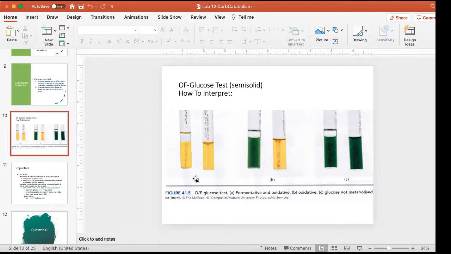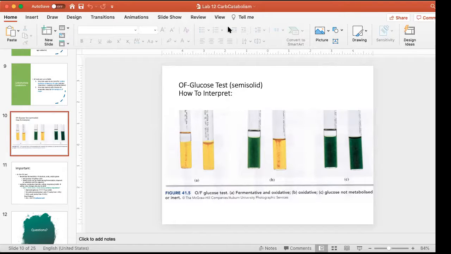So if I see 2 yellow tubes in an OF test, I know that this is an organism that can produce an acid through cellular respiration and through fermentation. If I see a combination, 1 tube yellow, 1 tube green, and it could be either tube for either color, I know that they're capable of one pathway, but not the other.